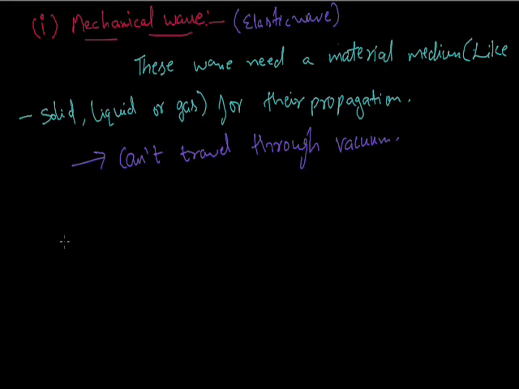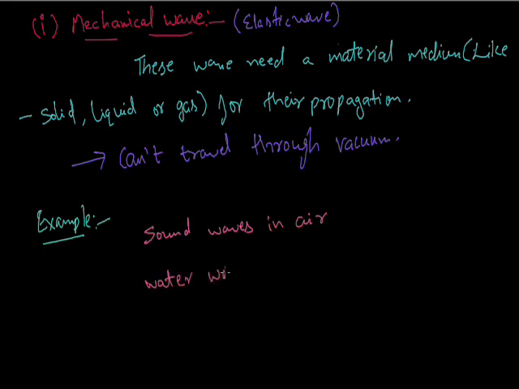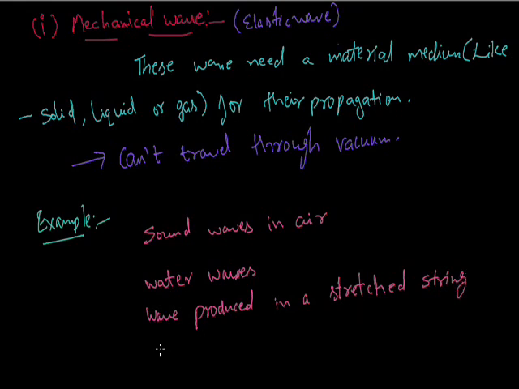Examples of these waves: sound waves in air, water waves, waves on the surface of a liquid, waves produced in a stretched string, and waves produced in a spring. These are a few examples of mechanical waves.